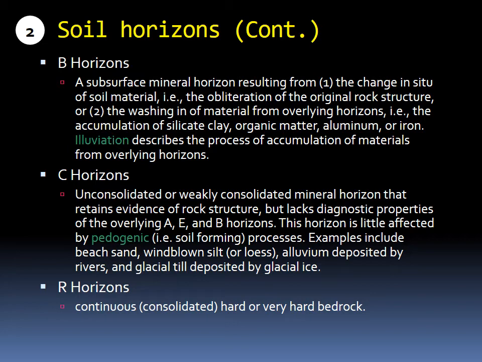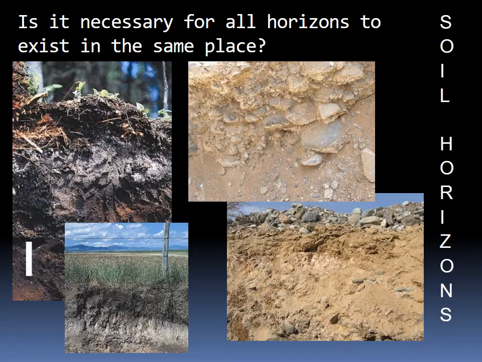It's deep, just above the rocks. And it can be formed from a beach of sand, or blown silt, or glacial till, and so on. And finally, you have the R horizon, which is, in a simple way, the rock.